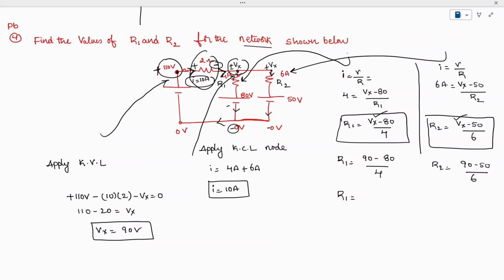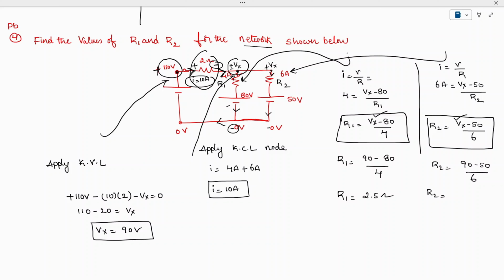When you solve it, you're going to get R1 as 2.5 ohm. For R2 you have 90 minus 50.